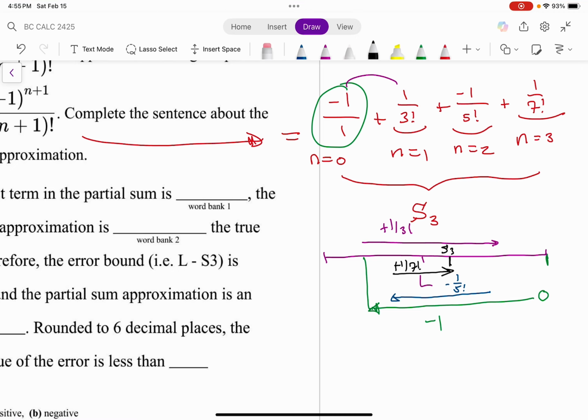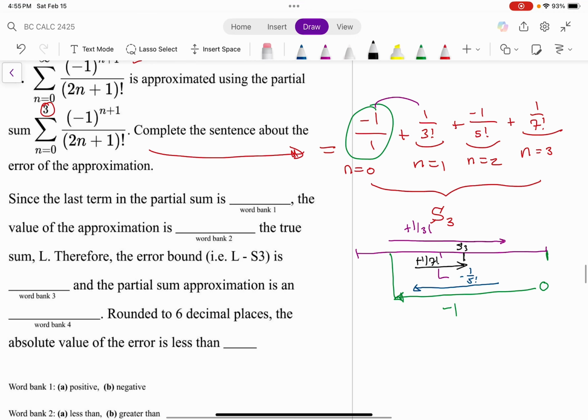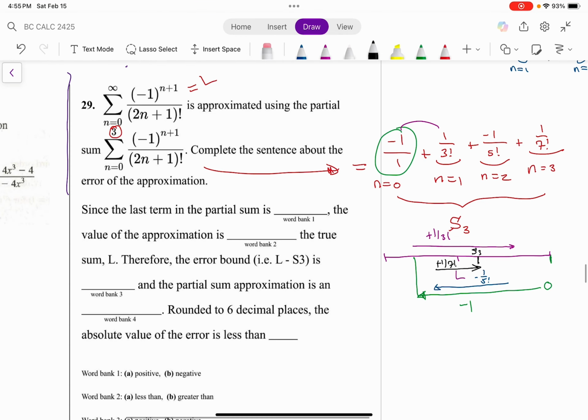Okay, so we can tell a couple of things now. This whole diagram isn't necessary to draw over and over. I knew this because of the way these alternating series converge, and that the first term was negative, so the limit must be a negative number. So I had to start the diagram over there.